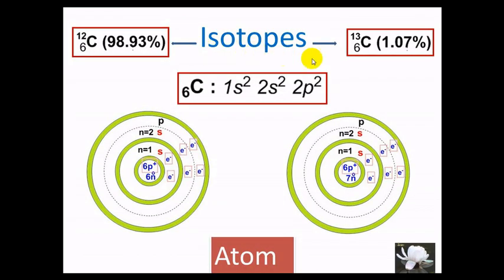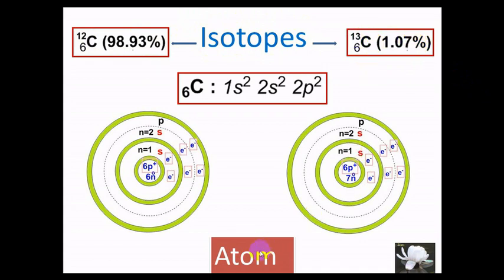This is an example of isotopes. In nature, there are 98.93% of carbon-12 and 1.07% of carbon-13.